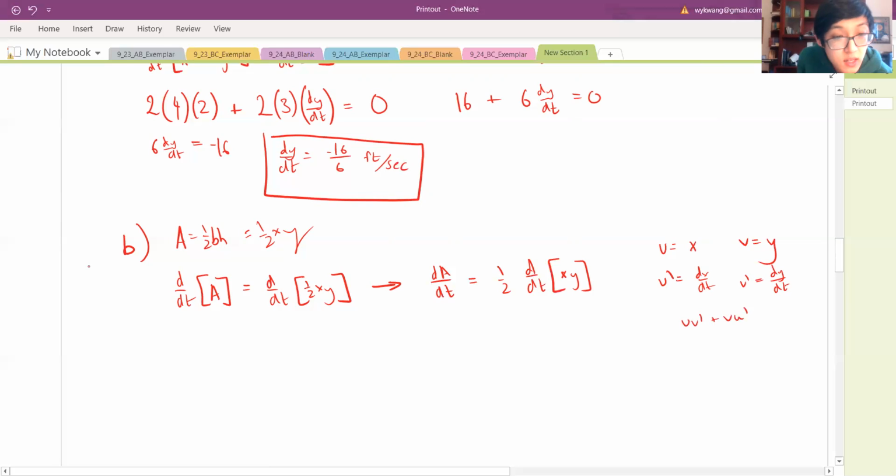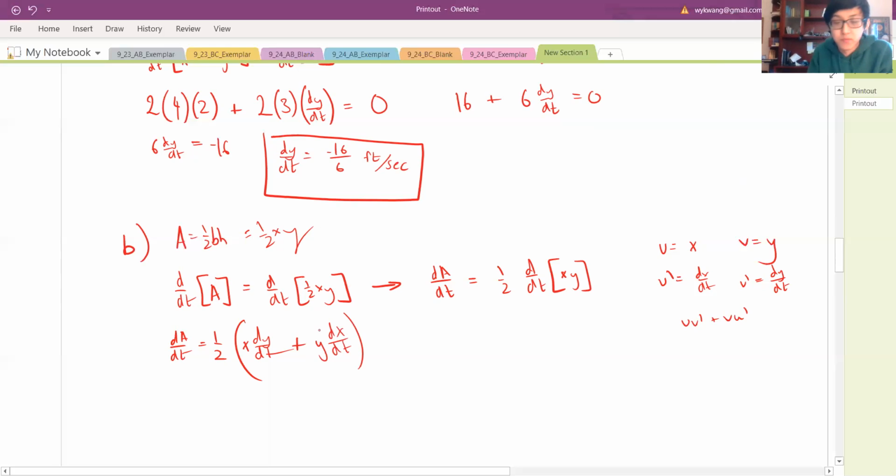So we get dA over dt is equal to 1/2 multiplied by our whole product rule thing, which is going to be what? uv prime is going to be x dy over dt, because that's u and v prime. Plus vu prime, so that's going to be y dx over dt. Kind of confusing, it's like they're mixing it up: x dy over dt plus y dx over dt.